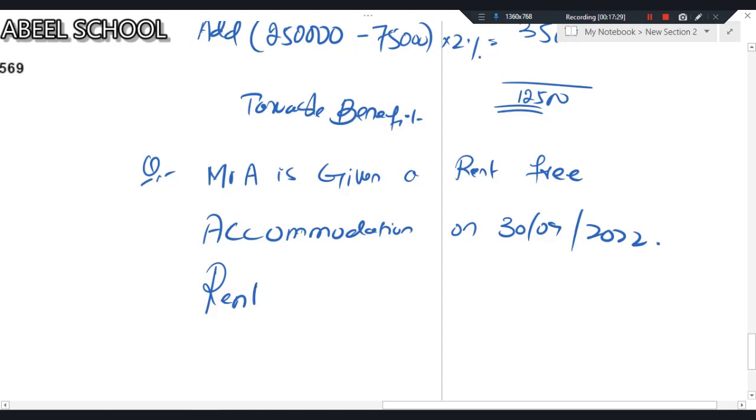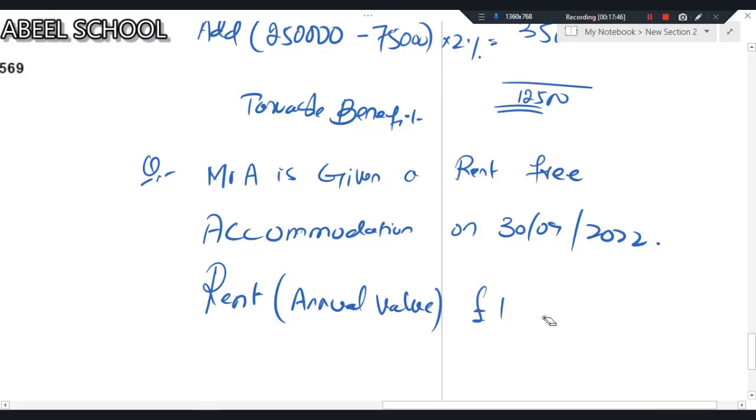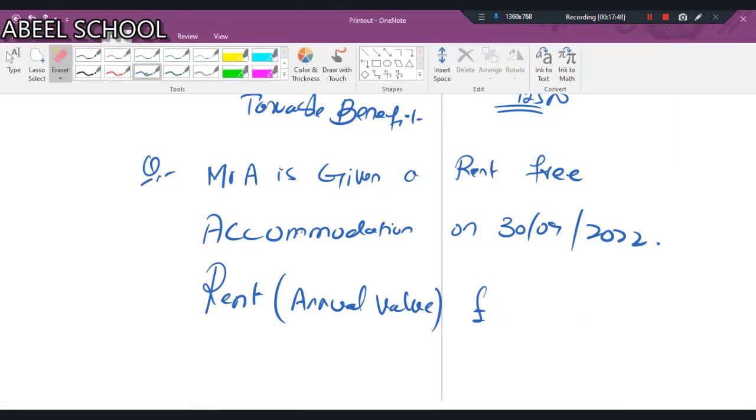Simply rent, or you can say annual value, is 18,000 pound. Let me change it, sorry. The annual value is, let's say, 24,000.